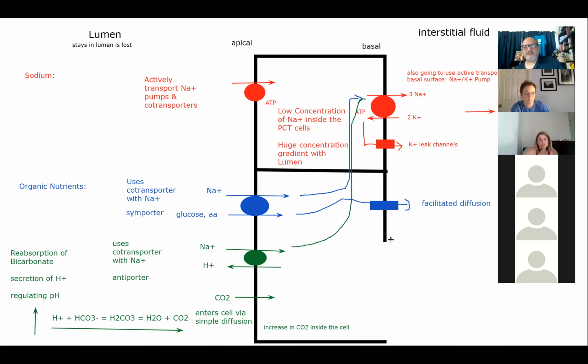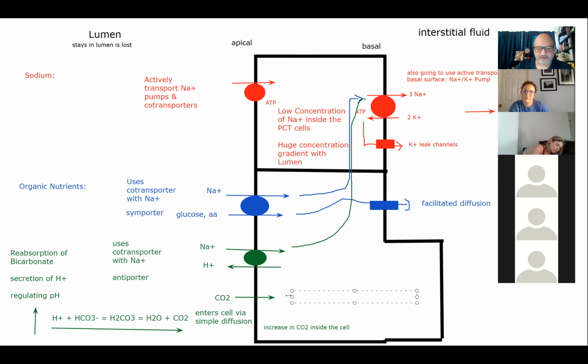I'm going to cheat and make my cell a little bigger here. Absolutely. We are going to have that same reaction, right? However, this time it is the CO2 levels that are increasing.